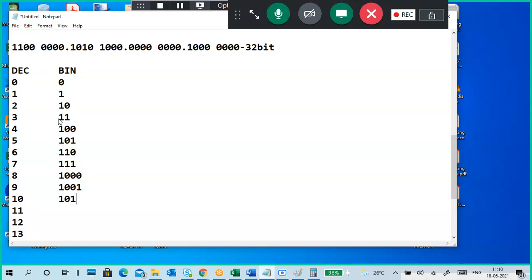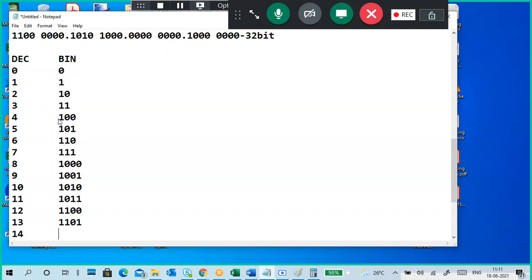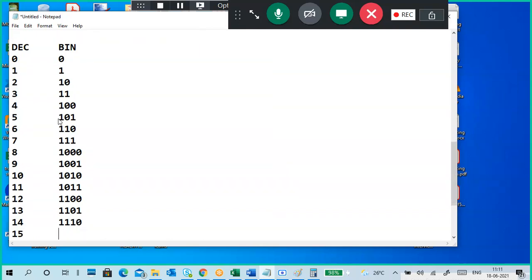1001, 1010, 1011. Very good. 1100, 1101. All ones. What is the next number?